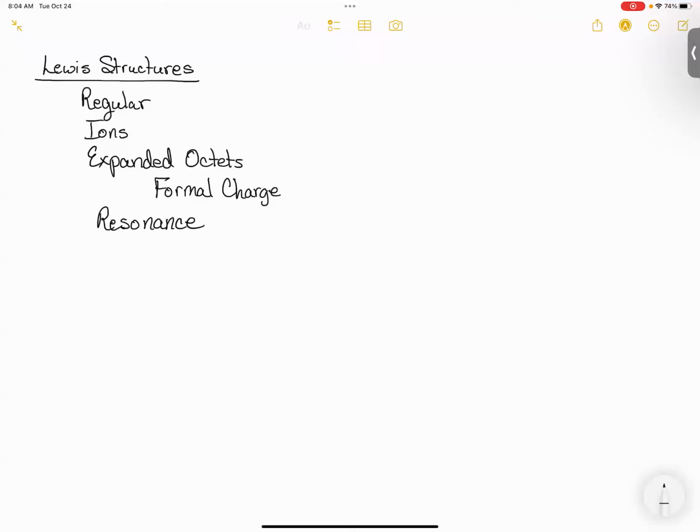Now, the next page is just your periodic table of electronegativities. You will receive this periodic table of electronegativities on the test, so you don't have to memorize the electronegativities.